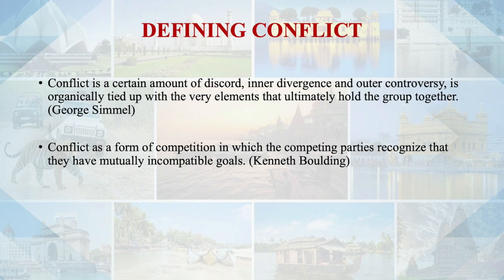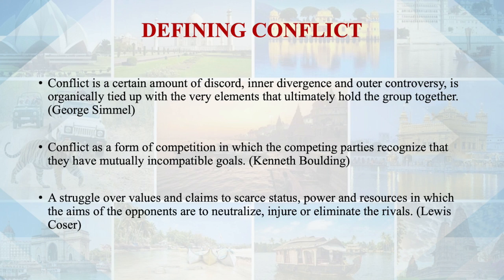Another definition by Lewis: what is conflict? Conflict is a struggle over values and claims for scarcity of power and resources, in which the aim of the opponent is to neutralize, injure or eliminate the rivals.